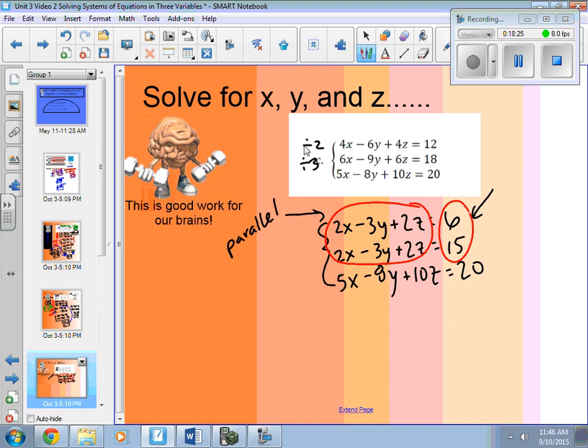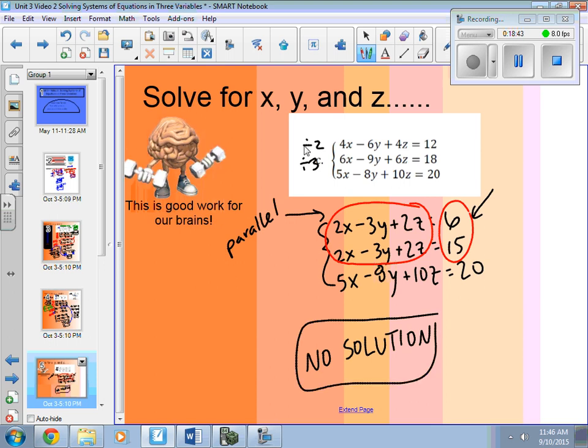And if you have parallel lines, these three lines are not going to be able to cross at one location. So this one, we can see without even solving it, since you have some parallel lines, is going to end up with no solution. Anytime you have equations that give you parallel lines, you will not be able to go through and solve and figure out an answer.